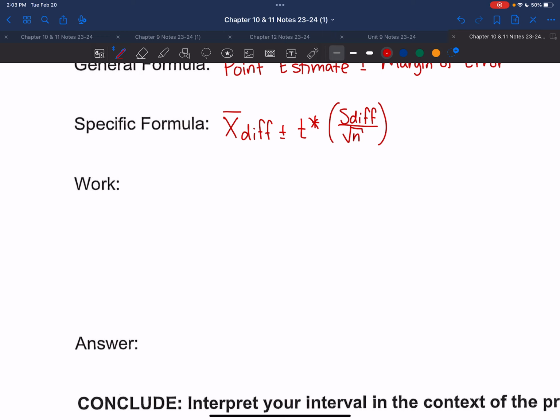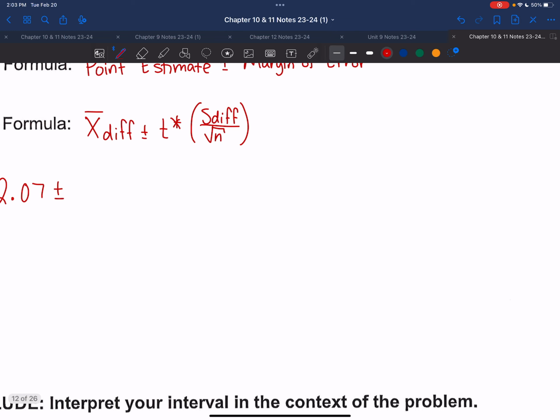We just have X bar diff and S diff instead of just X bar and S sub X. So if I plug in my numbers, my X bar diff was 2.07 plus or minus, in this case, T star, remember, inverse T. We're doing a 95% confidence interval, so I've got 0.025 tail.